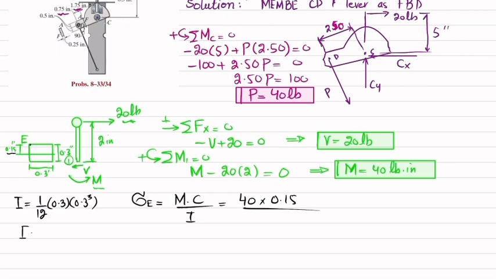So I will be equal to 0.675 into 10 raised to the power minus 3 inch to the power 4. So we can put the value 0.675 into 10 raised to the power minus 3.